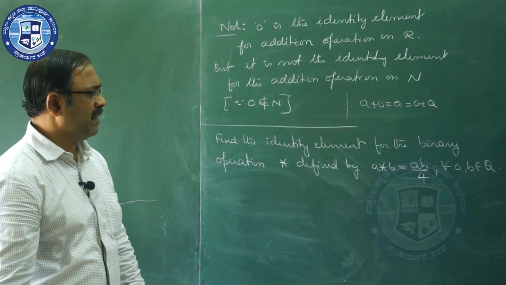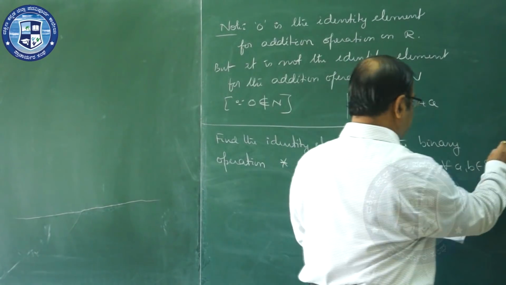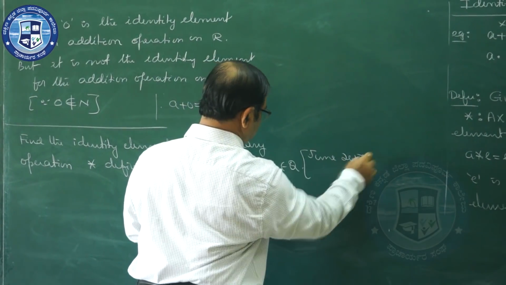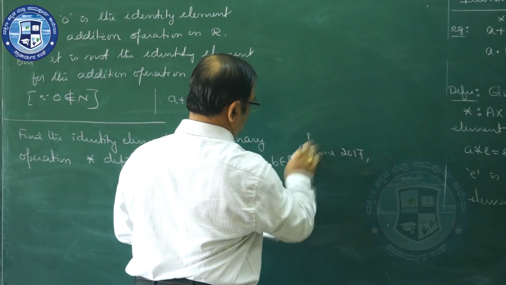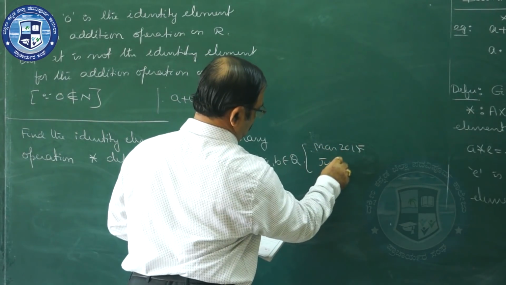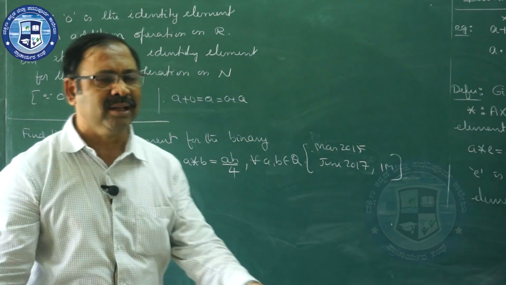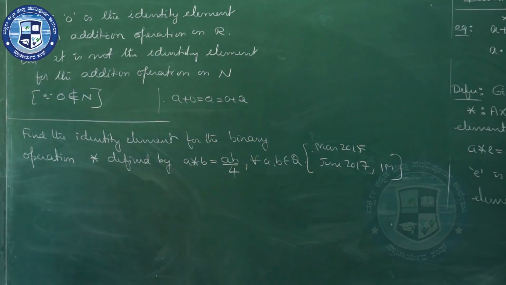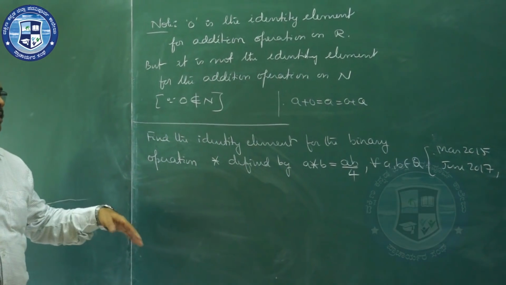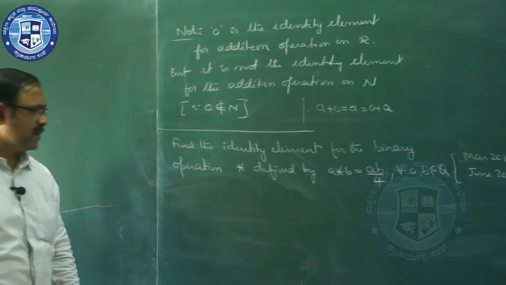Okay, Q means set of rationals. You have to find the identity element. See, this question was asked 2 times, in June 2017 and March 2017. That is why we have to just learn this. Only in 2 question papers they have asked the same question. And if you refer to the textbook, you will be getting only 1 question on this.